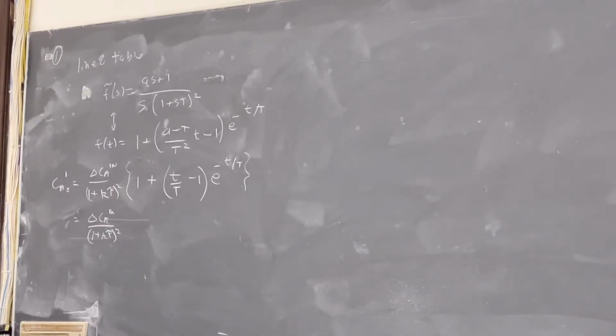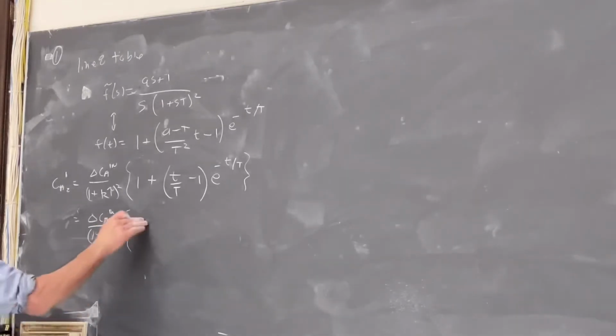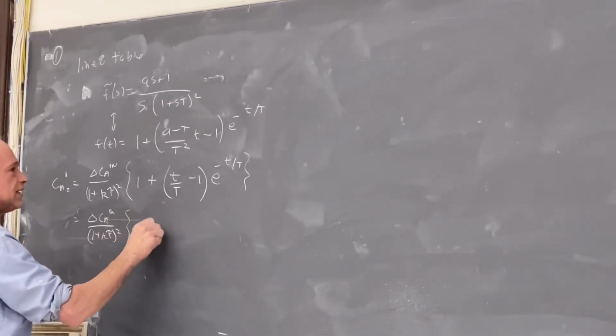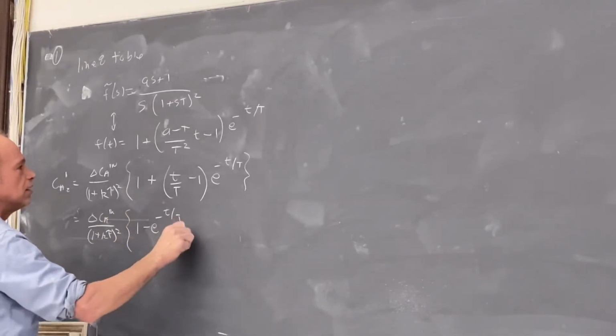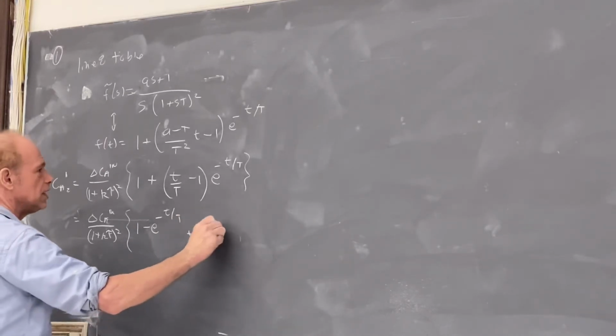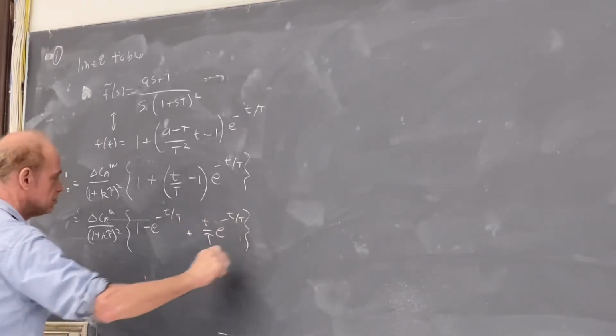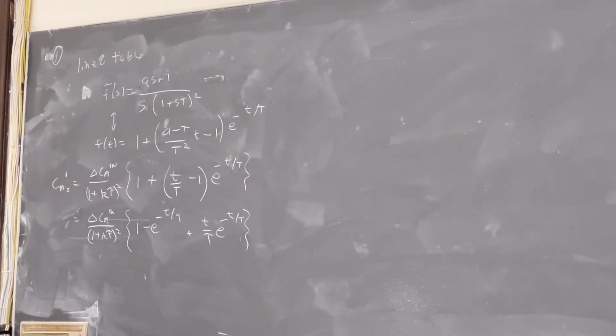So I have 1 minus e to the minus t over τ plus t over τ e to the minus t over τ. Now, again, I think I have this sign wrong. There was a minus sign here.